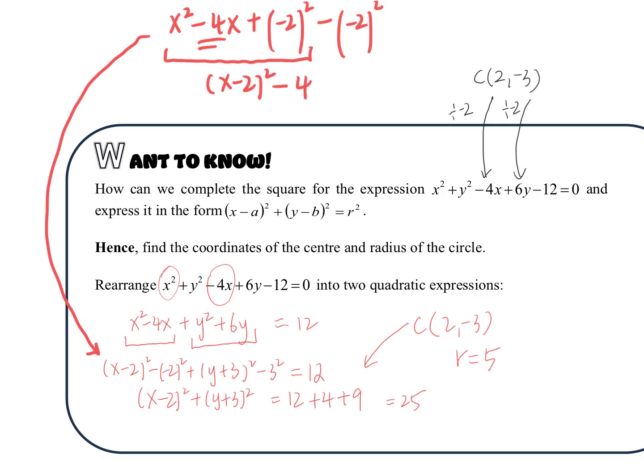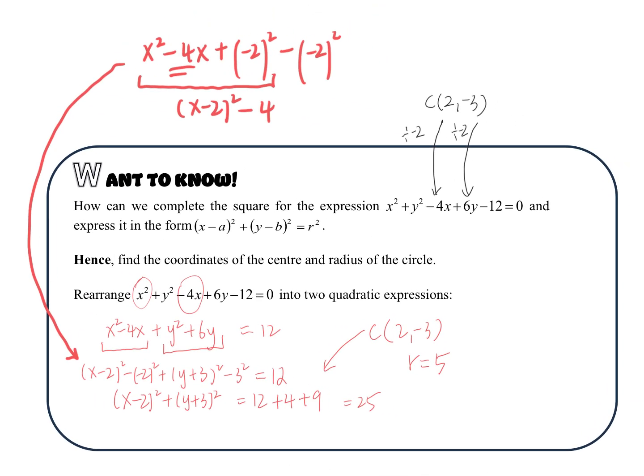Is radius 12? Radius is not 12. Remember just now we said radius, there's a formula, right? You square this, so you give me 4 directly. You square this, you give me 9 directly. And then you minus the C value you see here. So minus -12, we can write it as 25, right? Not write it as r squared, because the question said express it as r squared.